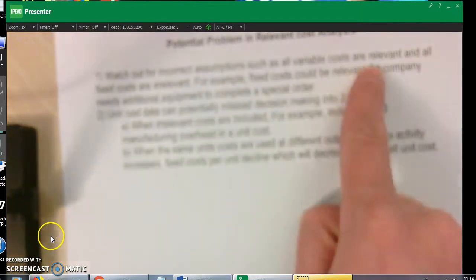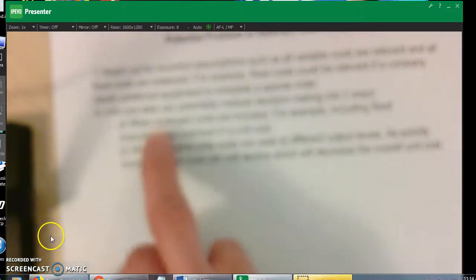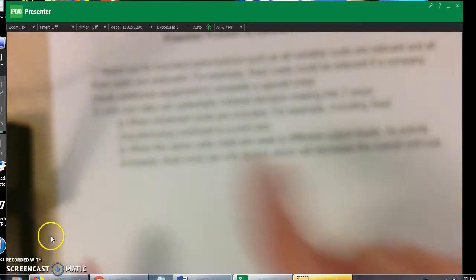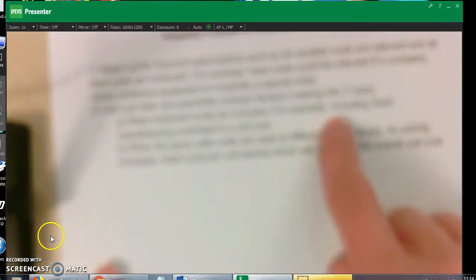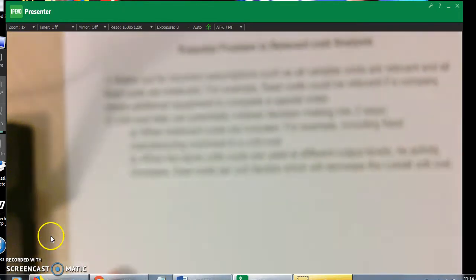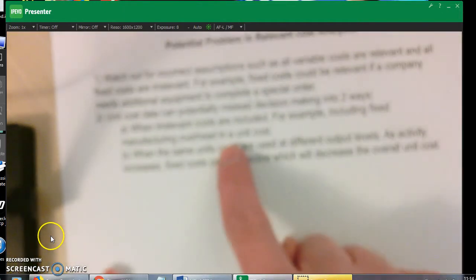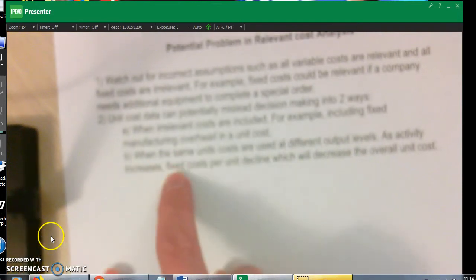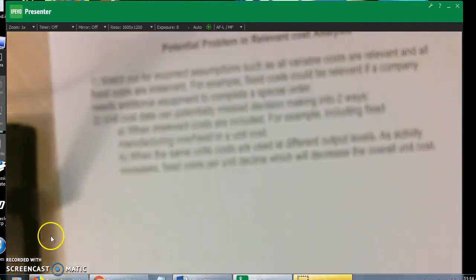For example, the fixed cost could be relevant if a company needs equipment for a special order. The unit cost data can be potentially misleading in a couple different ways. If irrelevant costs are included, for example, including fixed overhead in the unit cost is a problem. And remember that fixed cost per unit declines as we make more.